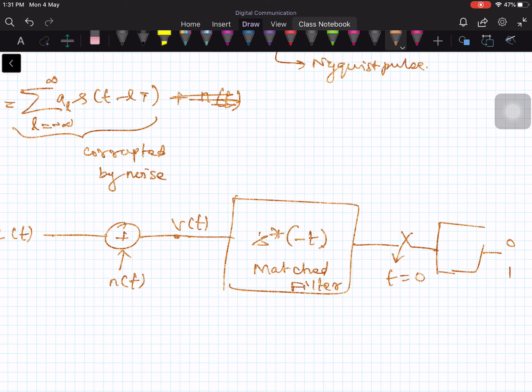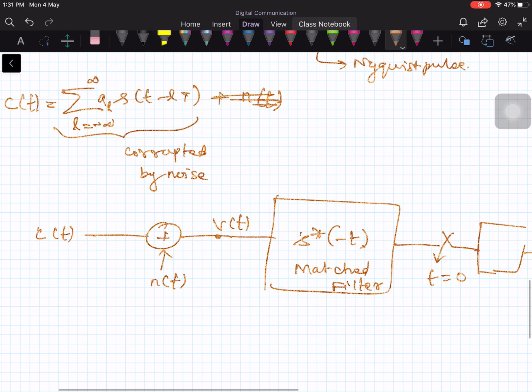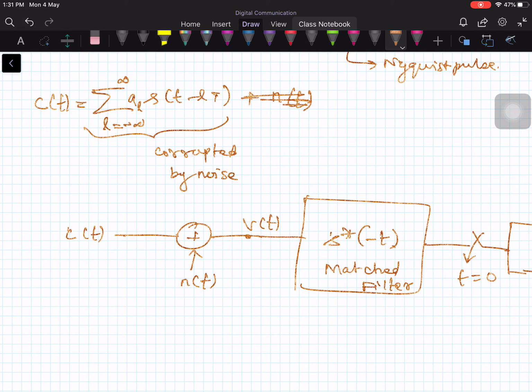So the receiver or demodulator for this kind of digital modulation scheme is obviously very trivial after our discussion of matched filtering. So the sequence of pulses are coming one after another. Okay, it is actually modulated one bit at a time. So in one symbol interval 0 to T, you take one bit and modulate the pulse.